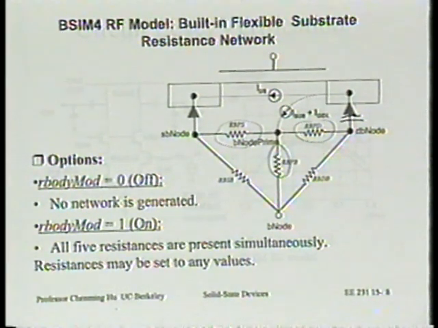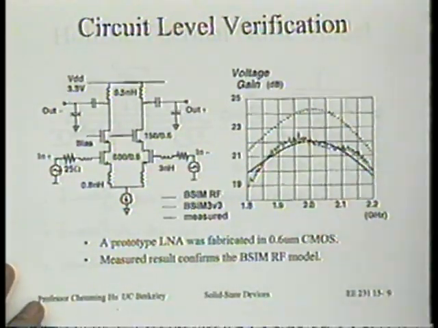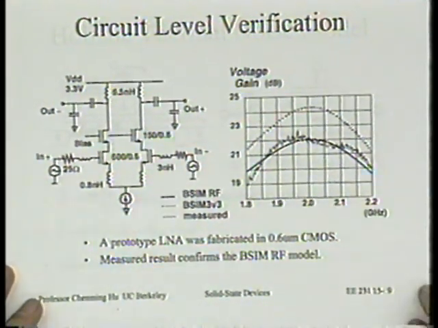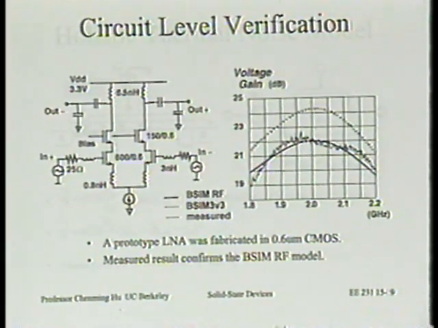Right. Okay, any question about this? All right. So this is one circuit level verification. Jing Ao, Paul Gray's student, did this study with Xiaodong Jing, who developed this model.